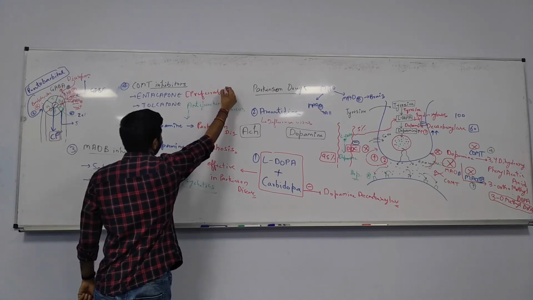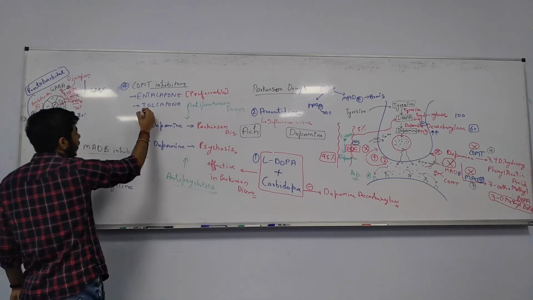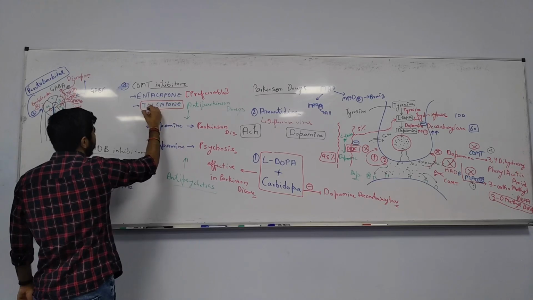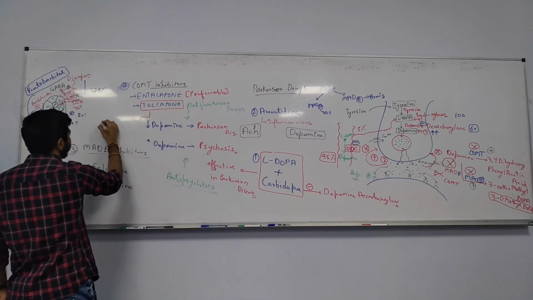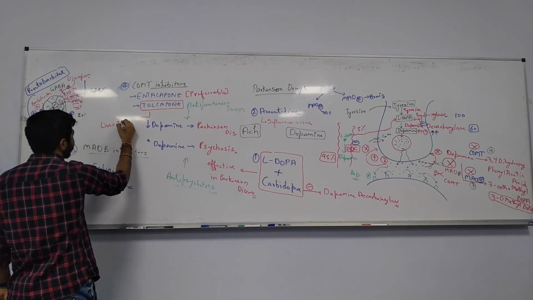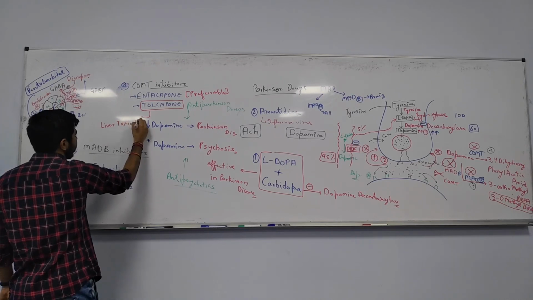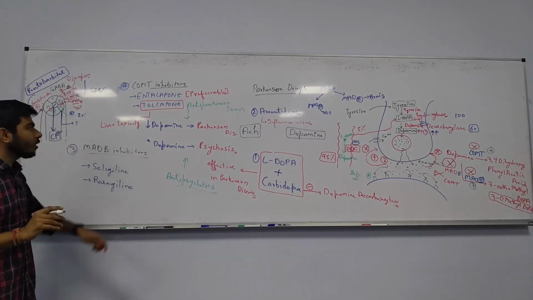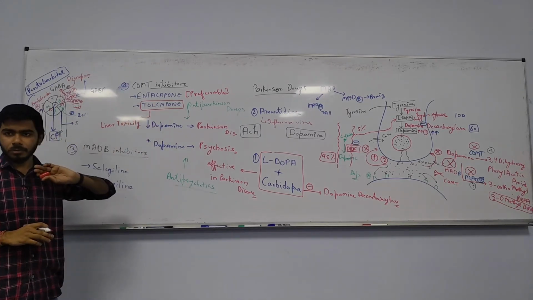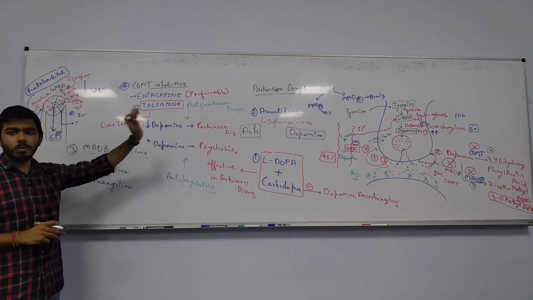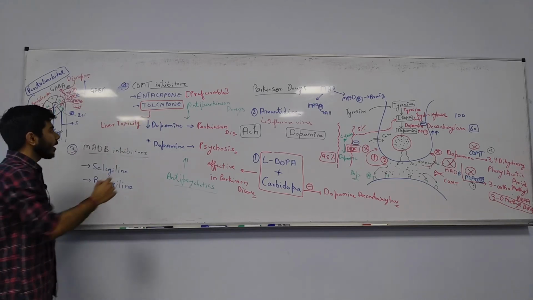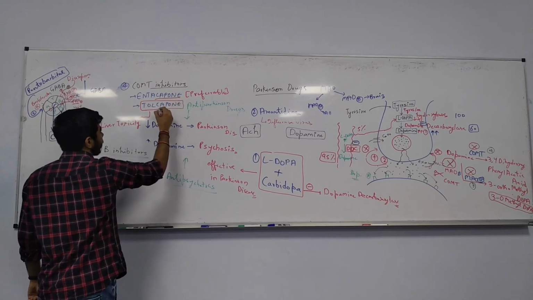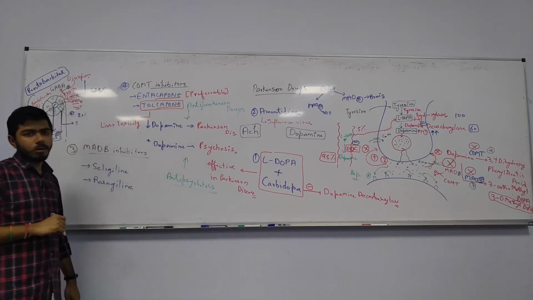This is more preferable because tolcapone has the capability to cause hepatotoxicity or liver toxicity as a side effect. That's why we usually avoid tolcapone. So entacapone is more preferable. They are ending with capone.